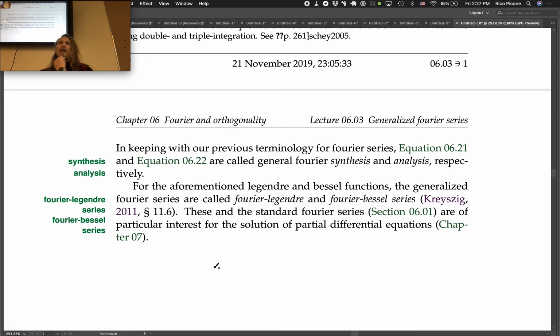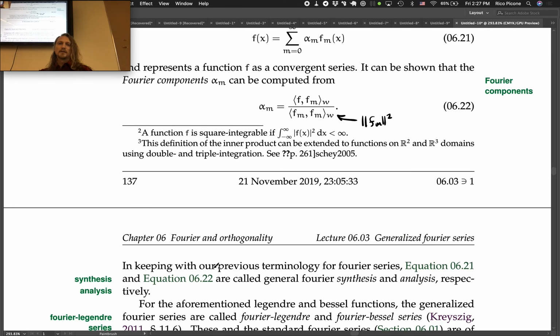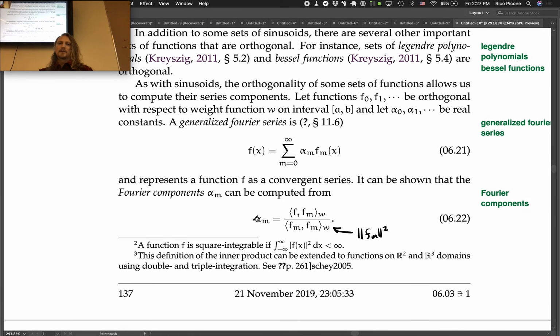When we say the inner product between the two functions, fm is given. How about f for the alpha m here? So f is whatever function you're trying to write the generalized Fourier series for. Say you've got some function like we did in the Fourier series example.